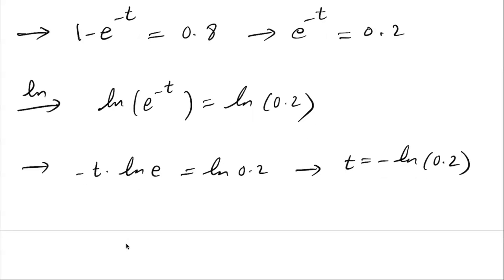This will be the value of the 80th percentile. So this was about medians and percentiles.